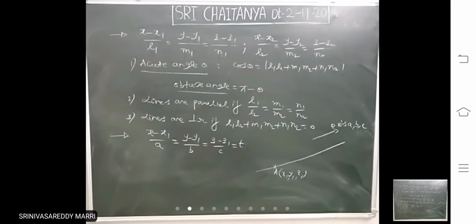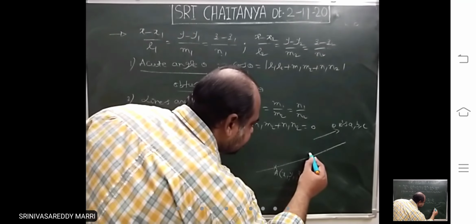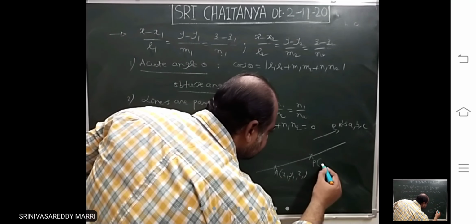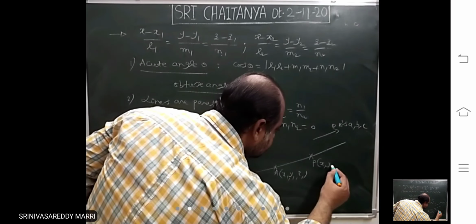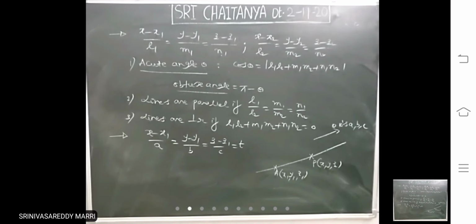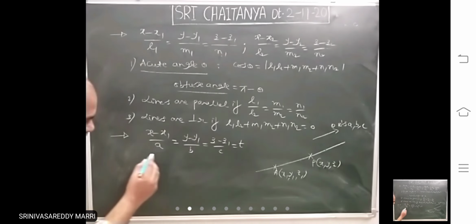If you want to calculate any point on the line, then that is nothing but x, y, z. Any point on the line means, if you calculate that x, y, z, you will get that point P. How to calculate that x, y, z? Look at, equate this to t.